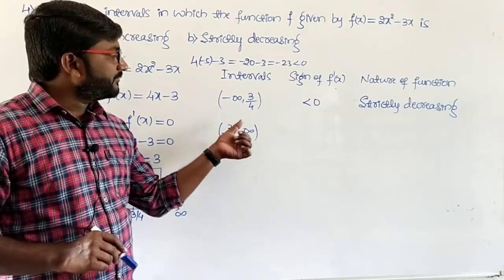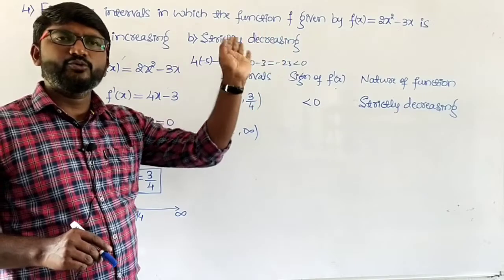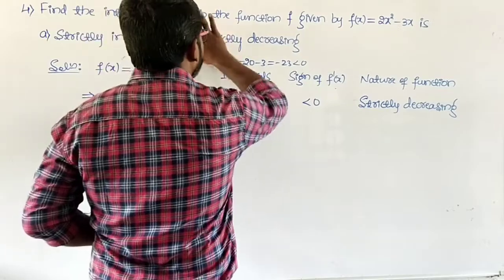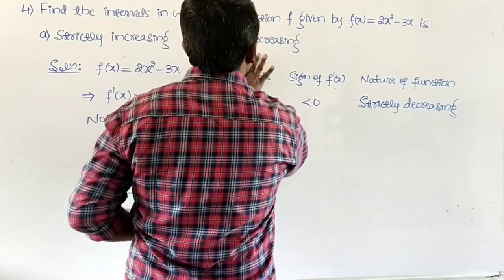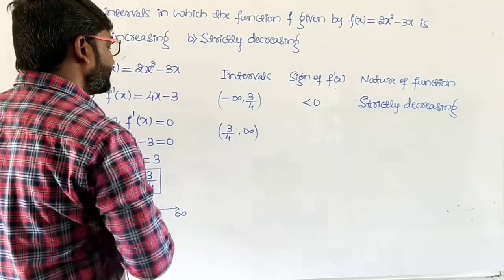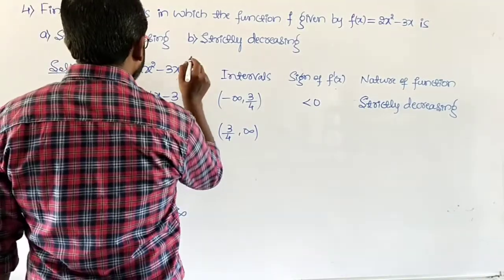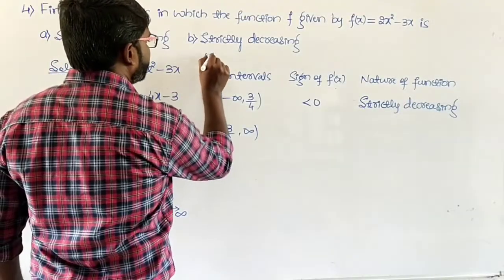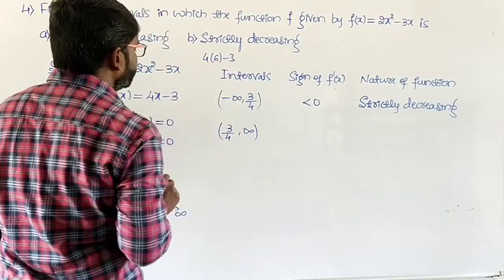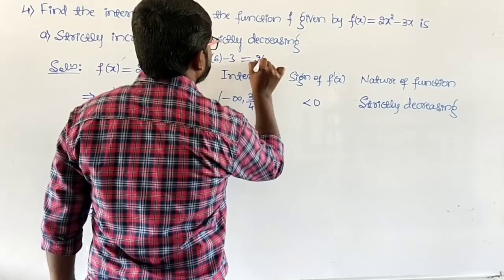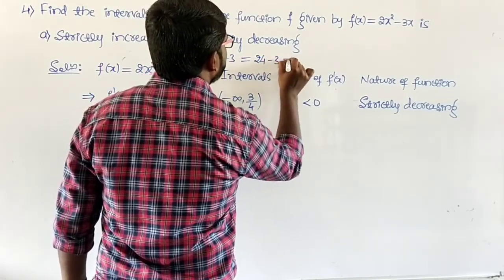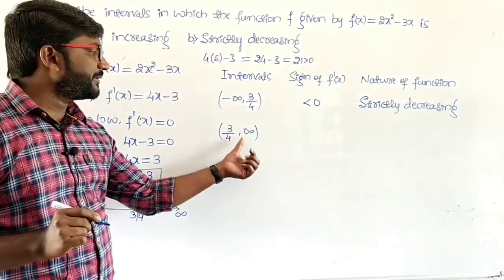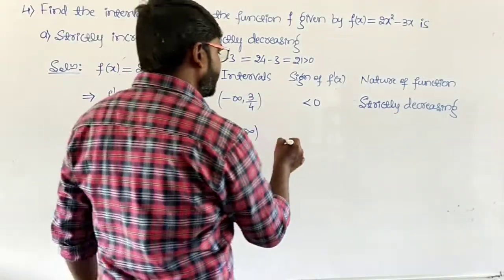Now the interval 3 by 4 comma infinity. Here we can take 3, 4, 5 and so on. Let us take 6; any number you can take randomly in between this interval. I will take 6 and substitute in place of x in f dash of x. So 4 into 6 minus 3. 4 into 6 is 24, minus 3 is 21, which is greater than 0. So in the interval 3 by 4 comma infinity, sign of f dash of x is greater than 0.